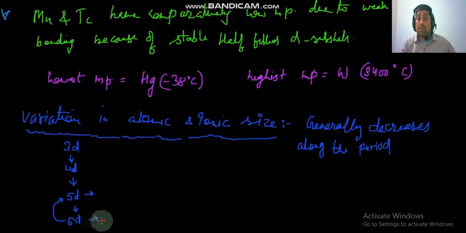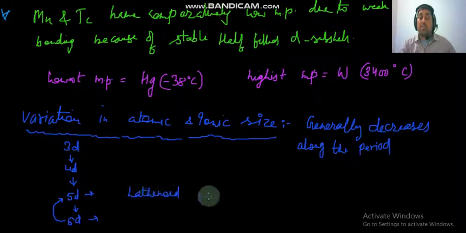Now why does this happen? For that there are two terms we will discuss. Lanthanoid contraction, due to which the size of 5D is almost, not exactly but almost, similar to the 4D series.